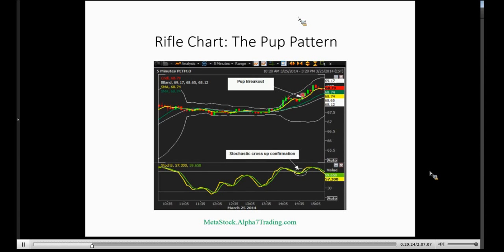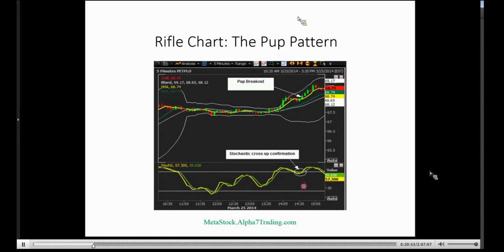And this is called a pup breakout because the uptrend, technically, is still intact. It's just not an active uptrend making new highs because you have profit takers and short sellers that come in and flatten out that 5 period. What they're anticipating is the 5 period to cross down through the 15 period while the stochastics cross down and continue to oscillate down.